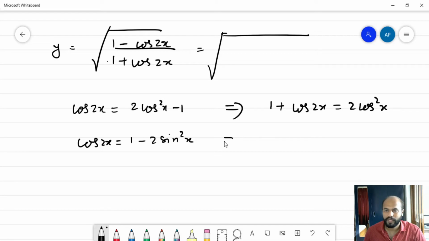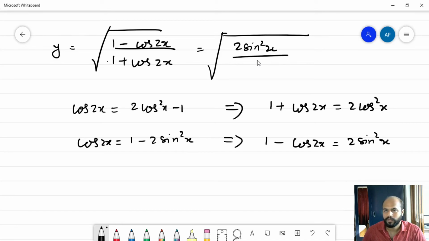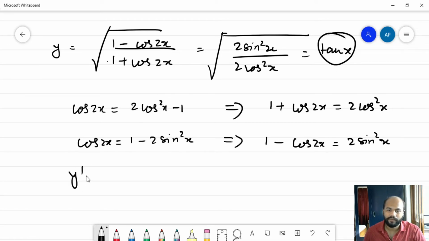And from this we get the formula that 1 minus cos 2x is going to be 2 sin square x. So 1 minus cos 2x is 2 sin square x divided by 2 cos square x. So overall what we get is tan x. Now y is equal to tan x is the function whose derivative is nothing but sec square x.